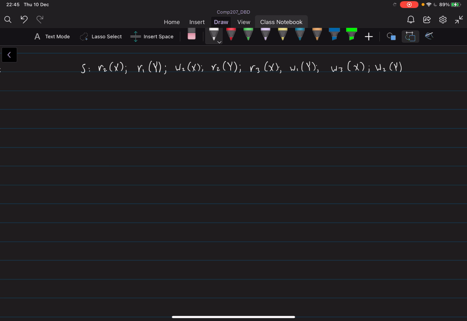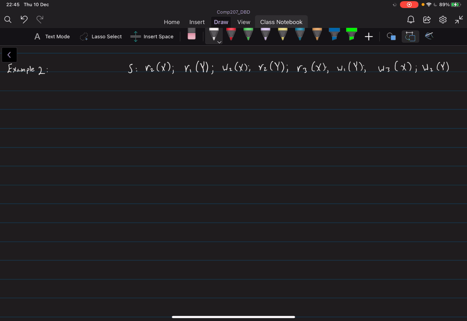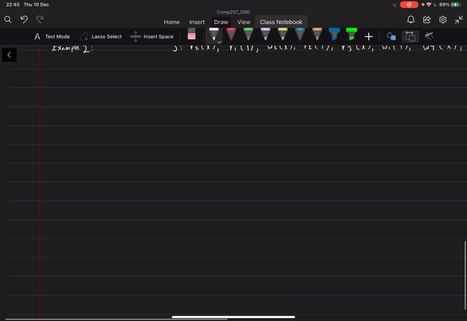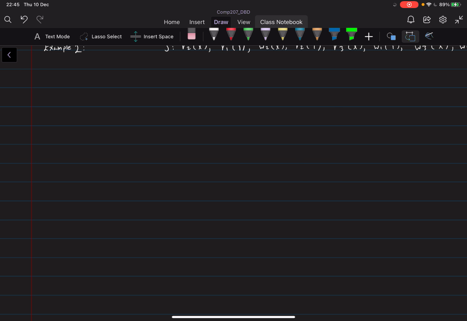Okay, so let's have a look at this schedule. First of all, what we need to do is, we need 3 nodes. This is T1.